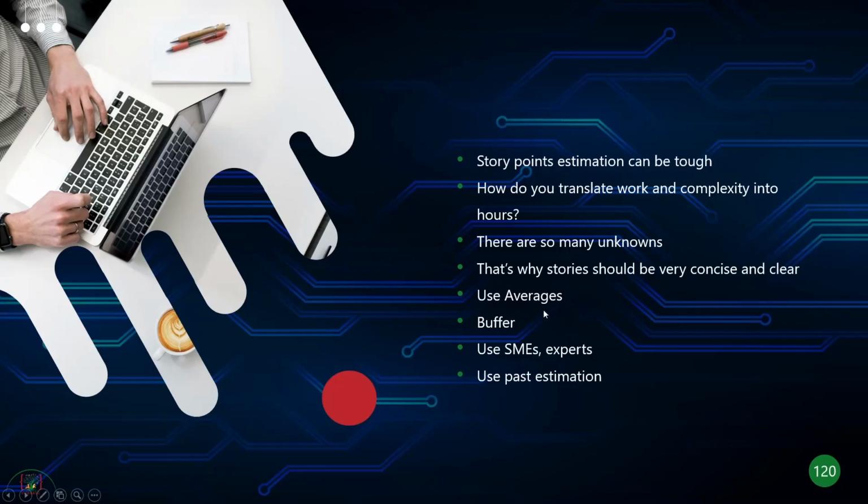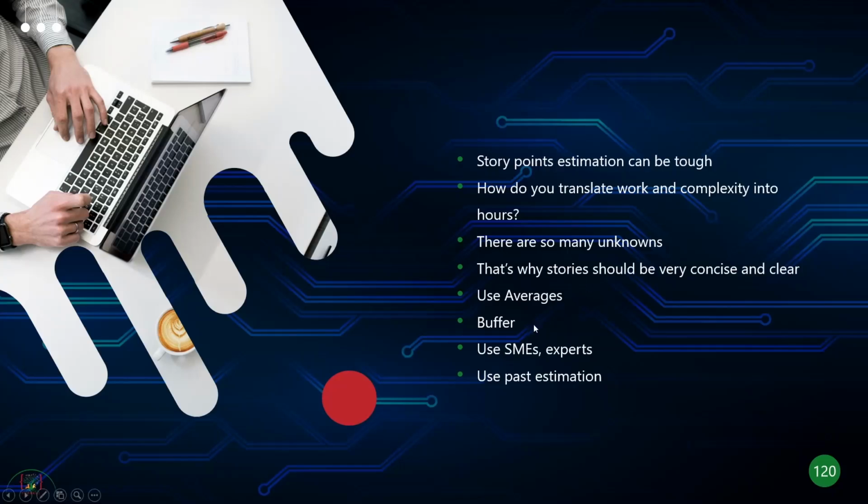I always like to look at the team velocity over a period of time, and if a team has been working let's say 30 story points in a sprint, I cannot expect them to work 60 story points or 80 story points. So I will always try to make sure that they stick within that boundary of 30 story points, maybe 28, maybe 35, but as close to 30 as possible. So try to use averages, try to see what the team velocity has been in the previous sprints.